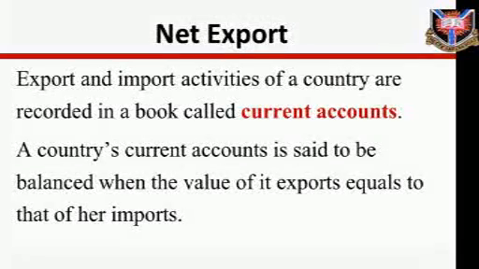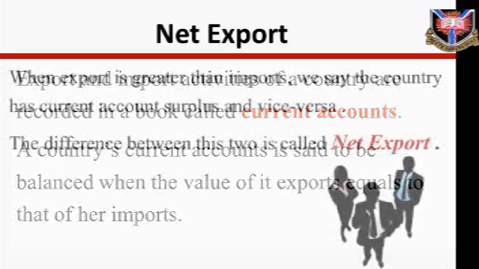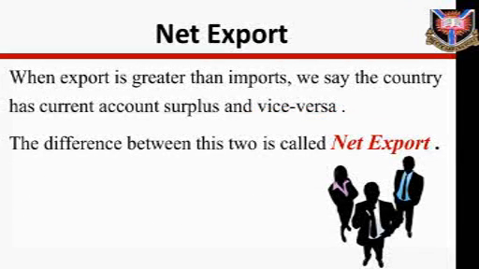Net export. Export and import activities of a country are recorded in a book called the current account. A country's current account is said to be balanced when the value of its purchases of goods and services from other countries is equal to the value of goods and services sold to foreign countries, that is, when export equals import.